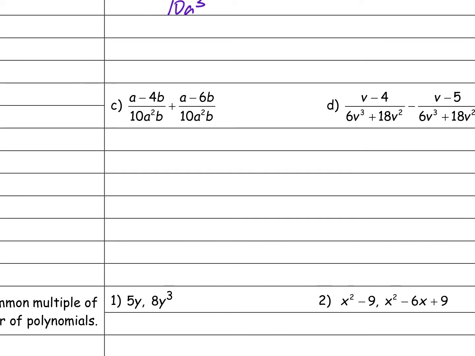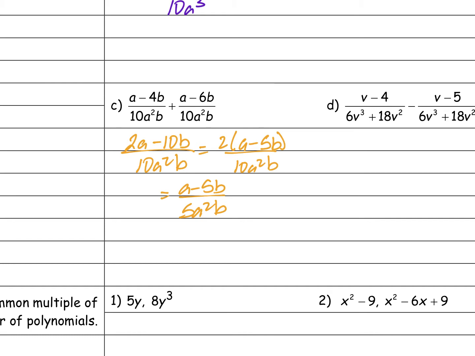This one's an add, and I get 2a minus 10b all over 10a squared b. Factor a 2 out. Let me see if I can do this one correct this time. So I get a minus 5b all over 10a squared b. So I'm going to get a minus 5b all over 5a squared b.